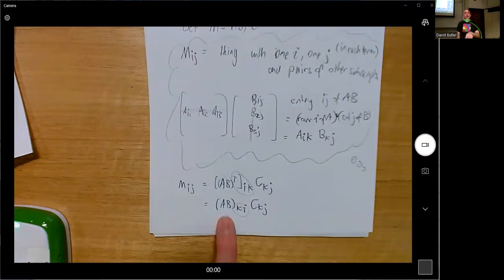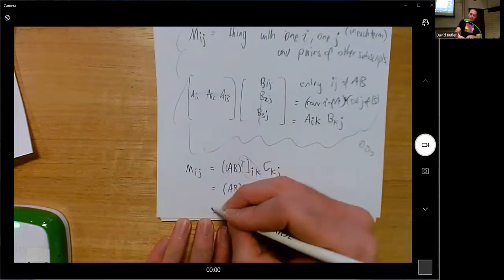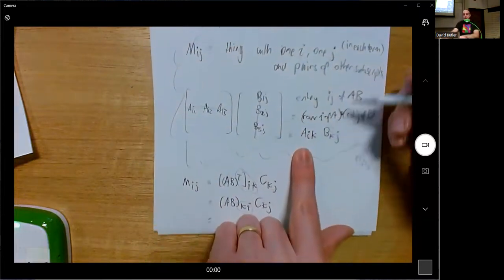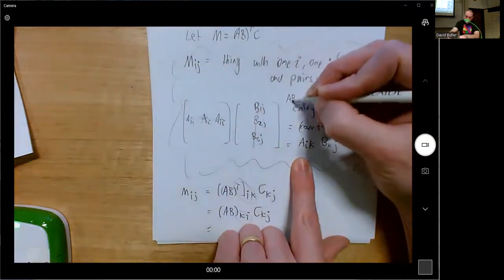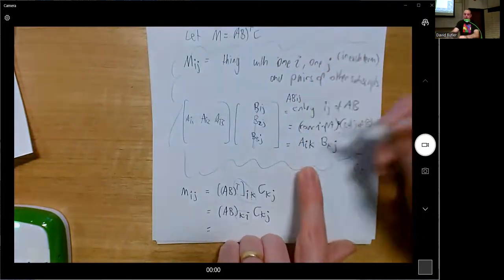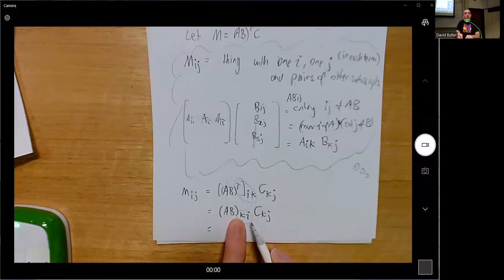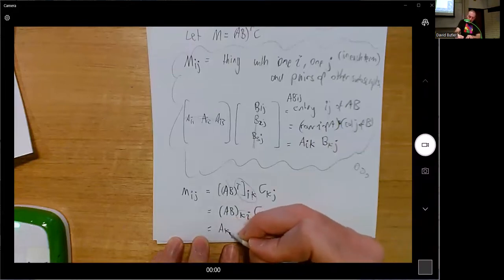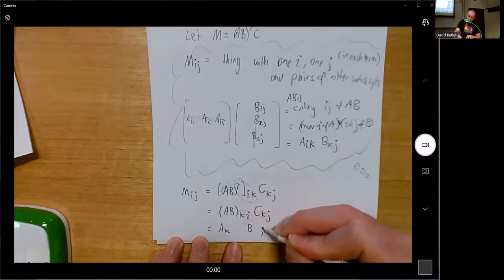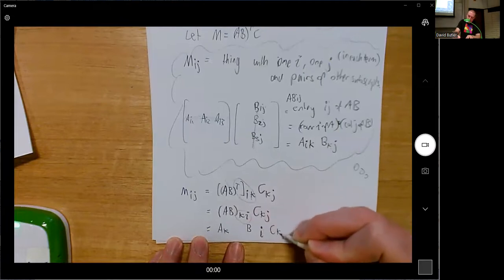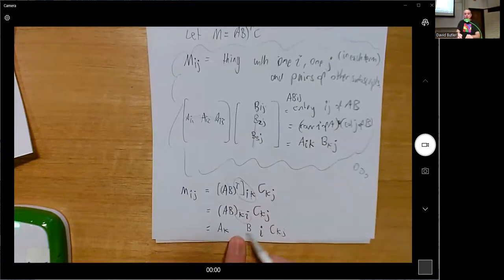And then AB, according to this rule, the IJ entry of AB would be AIK BKJ. So these two things, I've got a K and an I. So I'll have A, K something and B something I. And then I'll have to put a new suffix in there to keep track of where I'm up to inside that matrix.